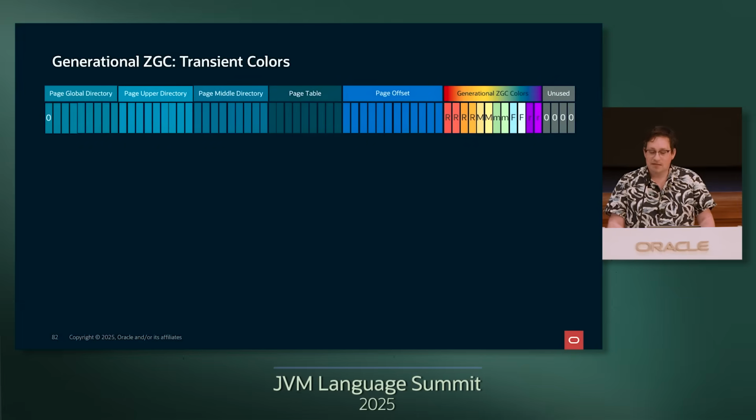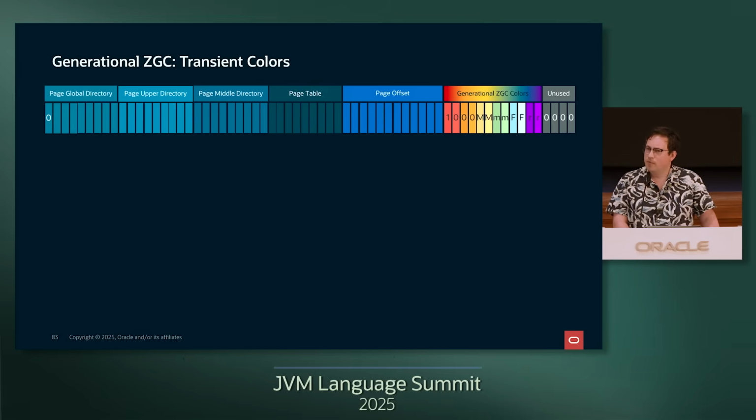Okay, so let's look back at the colored pointers. This is what they look like. Beautiful. Now, if we set the remap bit to 1000, remember that when we remove the colors it was a shift instruction, but the immediate of the shift instruction depends on the phase of the GC, and it depends on what the remap bit index is.